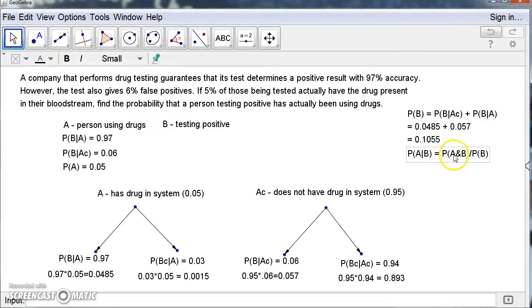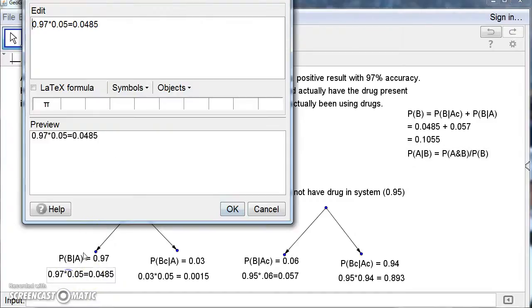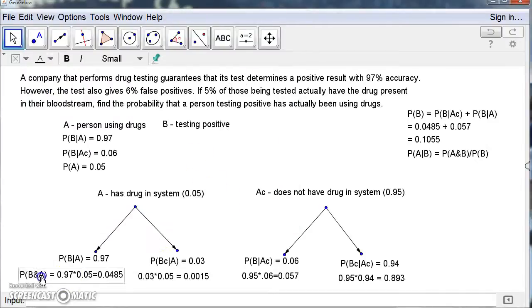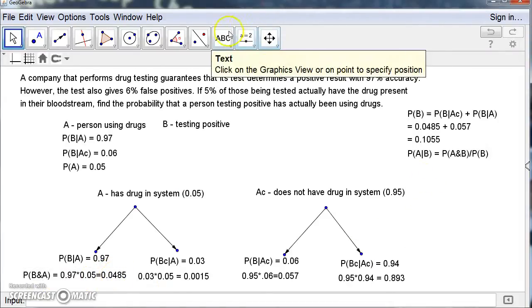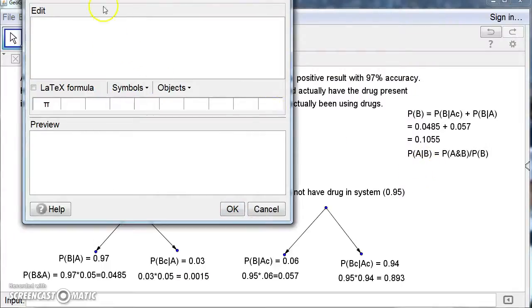Probability of A and B, we come over to this section here. This one down here is, of course, probability of B and A, because if you follow the chain here, right? A happened, then B happened, therefore B and A have happened, which is the 0.0485.